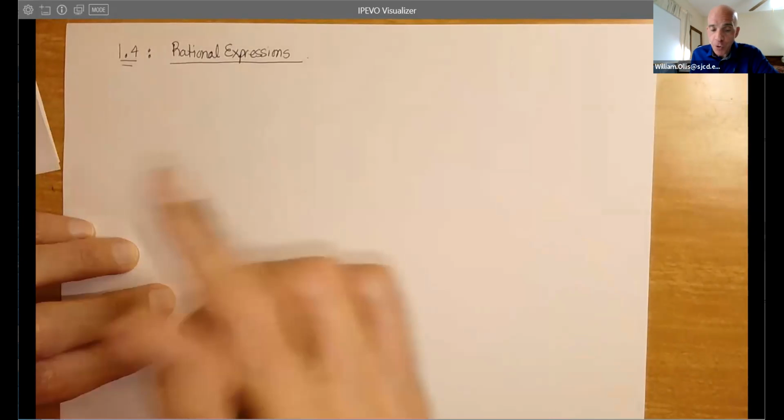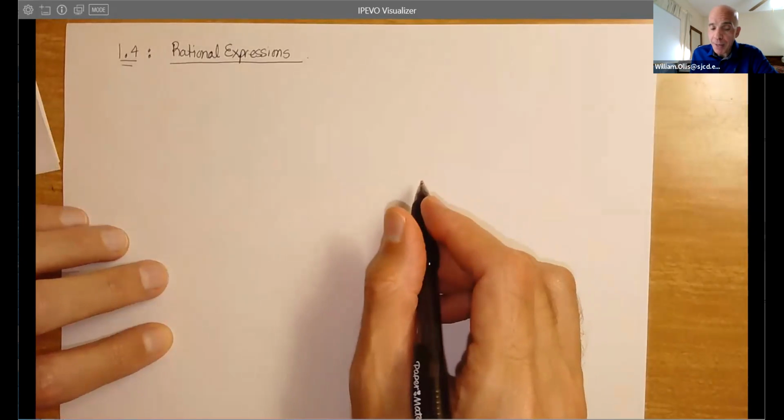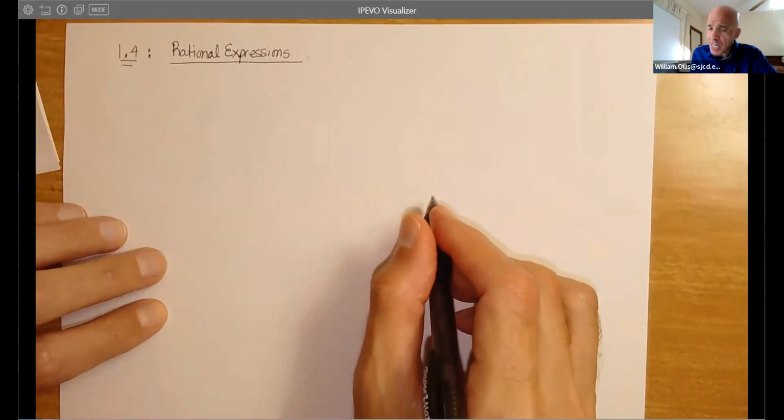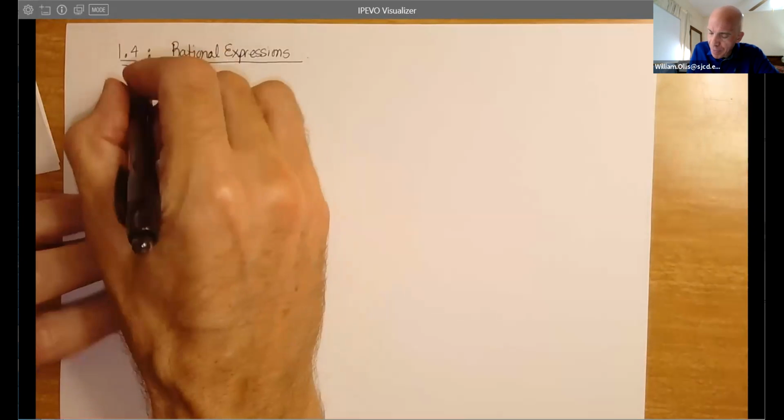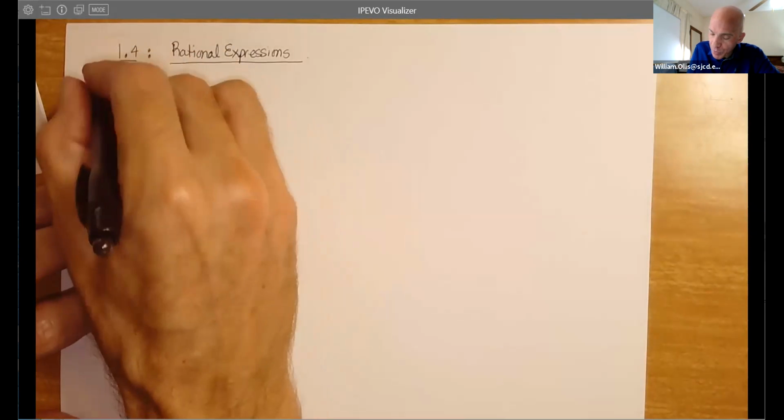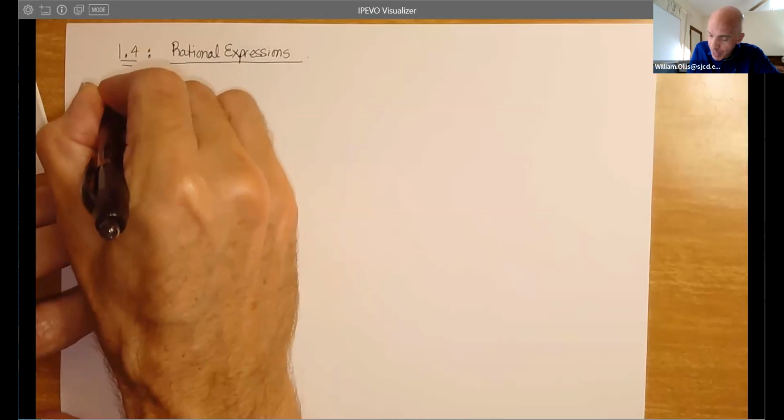So the very first one is just to remember that when we deal with fractions, here's a common rule. This is the definition of division.